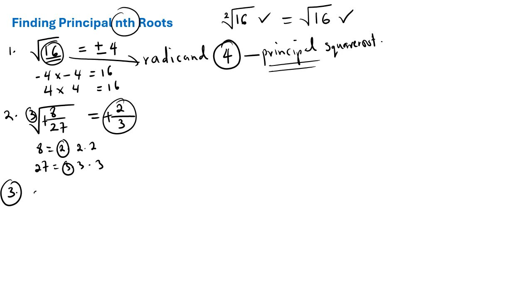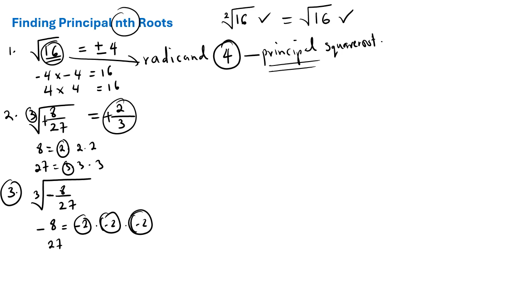Let's look at this example that says find the principal third root of -8 over 27. This is negative. Because the fraction, or the radicand, is negative, what we can do here is look at the factors of -8 and also look at the factors of 27. The negative factors of -8 will be -2 times -2 times -2.